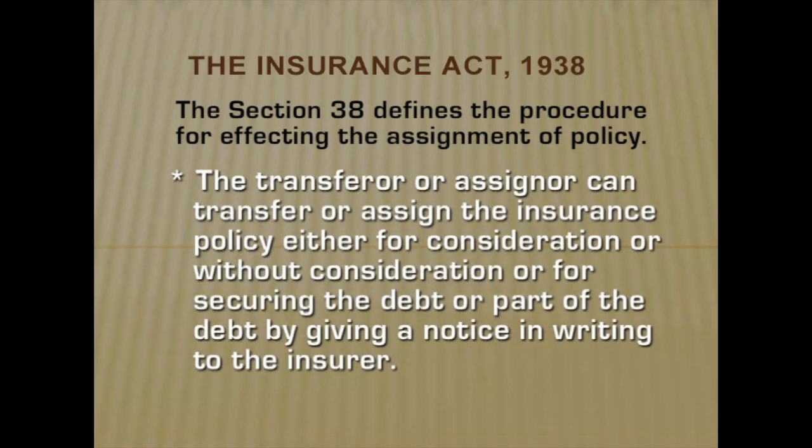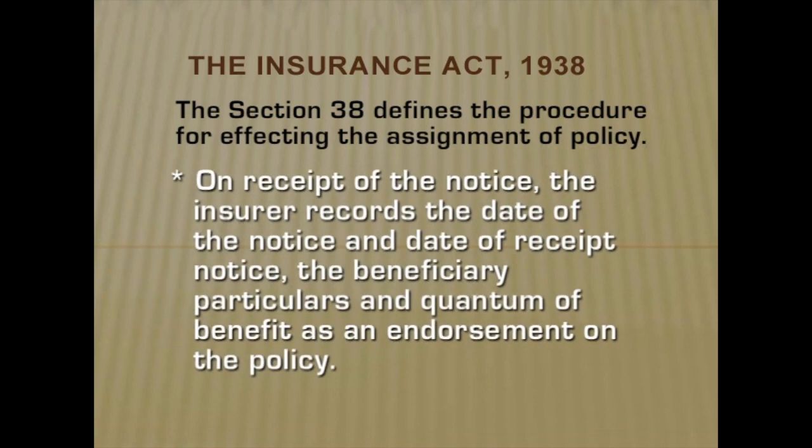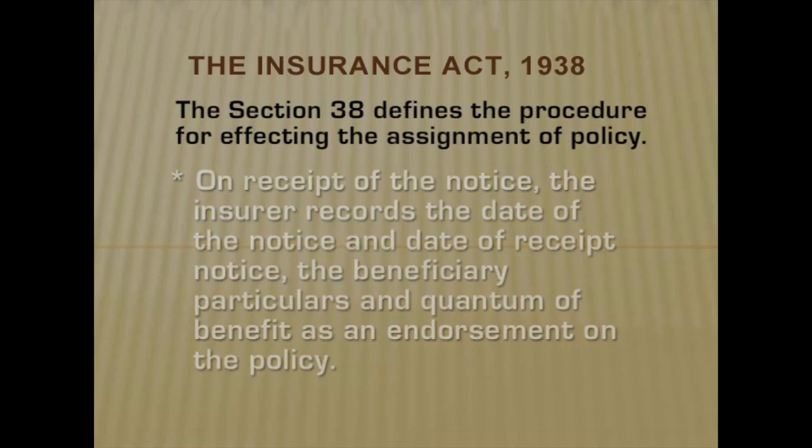The transferor or assignor can transfer or assign the insurance policy either for consideration or without consideration, or for securing a debt or part of the debt by giving a notice in writing to the insurer. On receipt of the notice, the insurer records the date of the notice and date of the receipt of notice, the beneficiary particulars, and quantum of benefit as an endorsement on the policy.